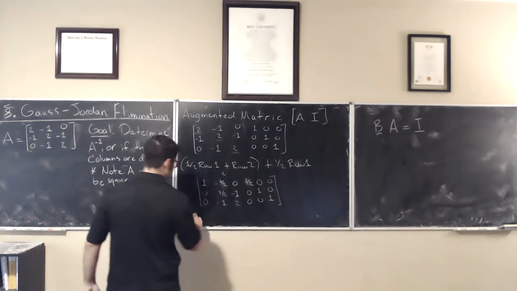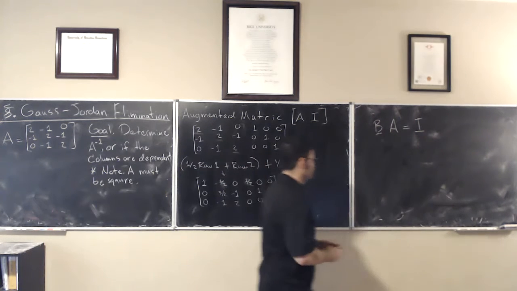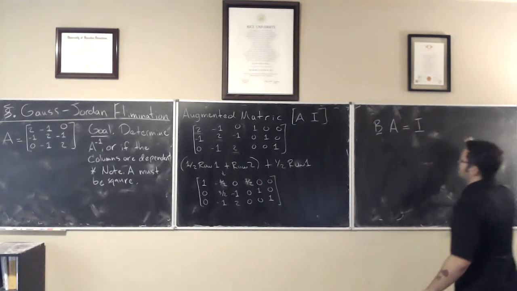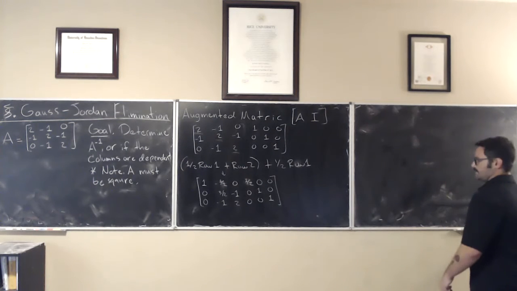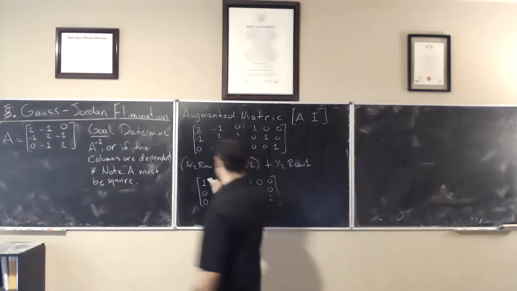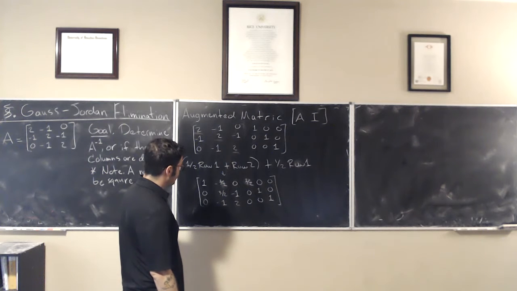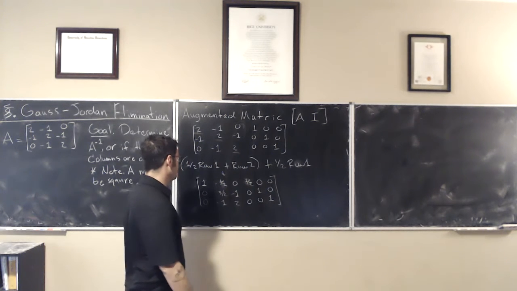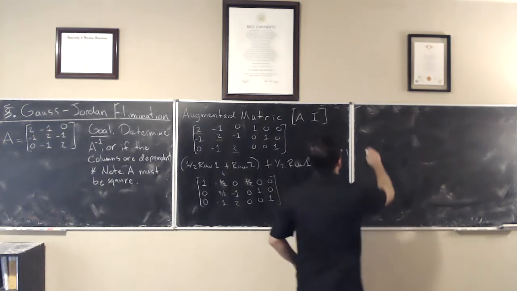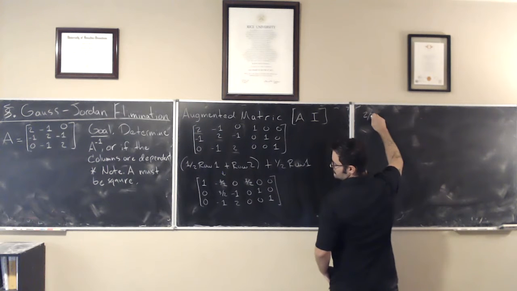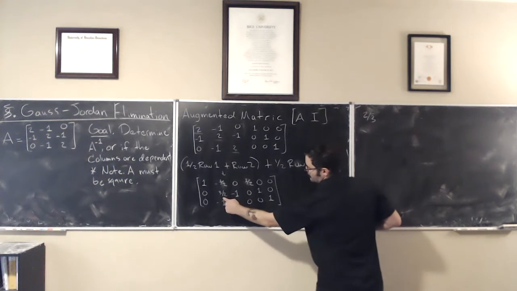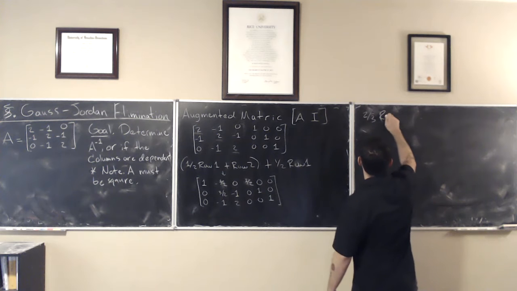Okay, so now we still don't have the identity matrix over here. I want to multiply this row by 2/3. So we do 2/3. That's going to make a 1 there times row 2.